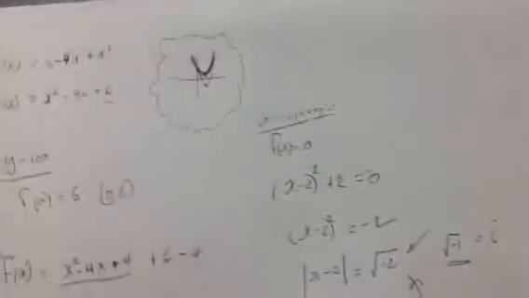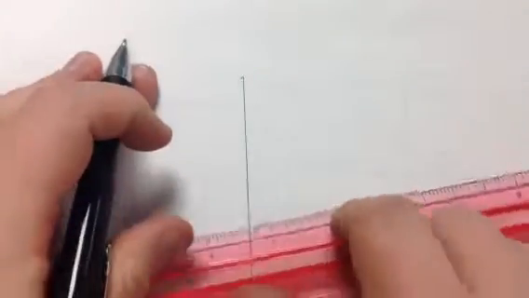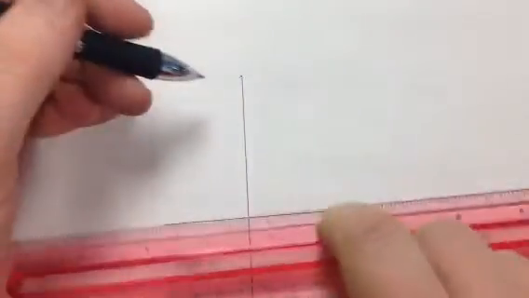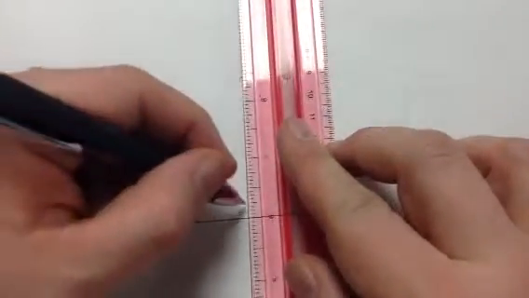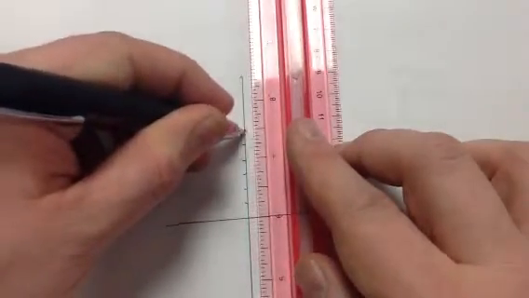The last thing I would need to do is to produce a high quality graph. To do that, take out a ruler and right here we should expect the y-intercept at 0, 6.